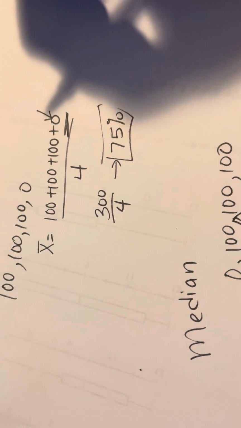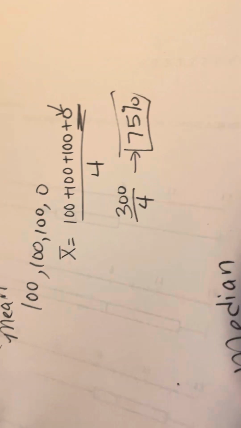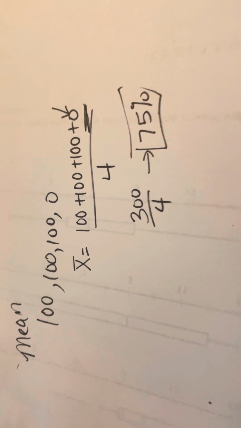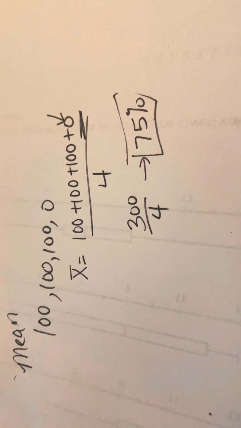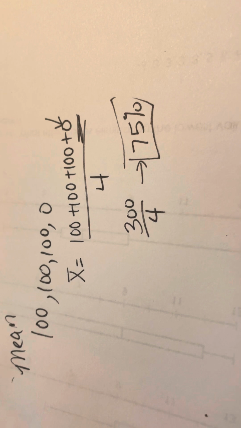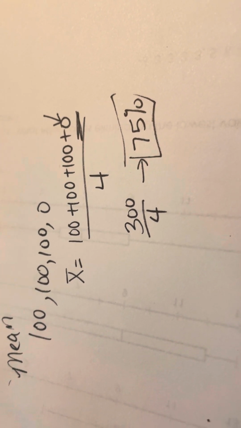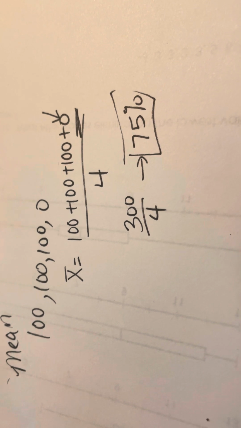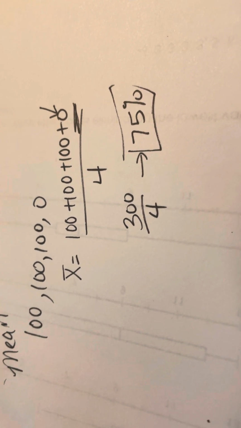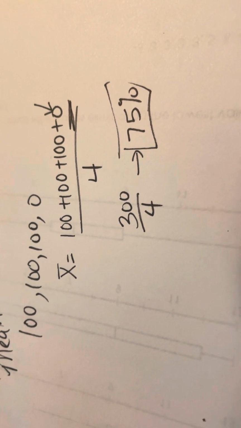You may not want to rely on your mean to tell you much about the data set, because the mean is heavily influenced by outliers, or big numbers at one end or the other. It doesn't really tell you the trueness of your data, okay?